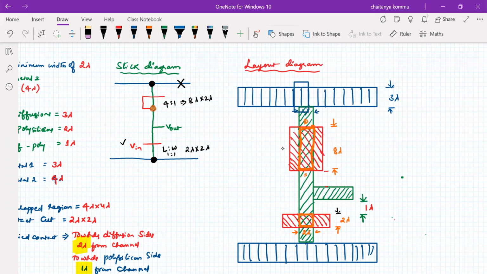Maybe it may be at the center of this point, it doesn't matter, but above also we can write it. So uniformity is there. Upper one is 0.5 lambda, bottom one is also 0.5 lambda, so total it is 4 lambda by 4 lambda.